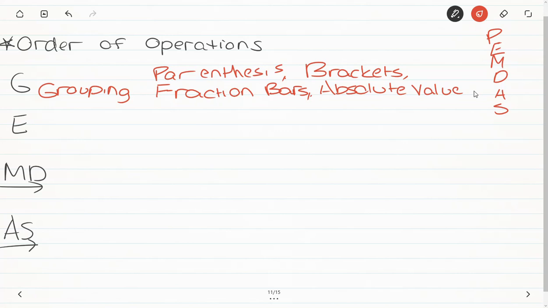So there are lots of different grouping symbols that we've talked about in middle school, which is why we changed the P to a G. Now, after grouping comes our exponents, and we just learned about those. So after we solve our groupings, we move on to exponents.